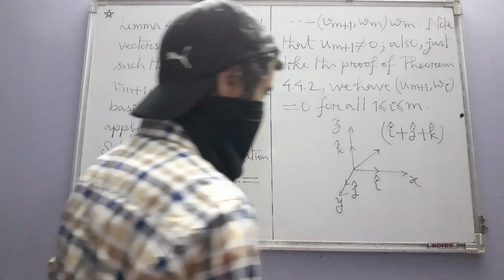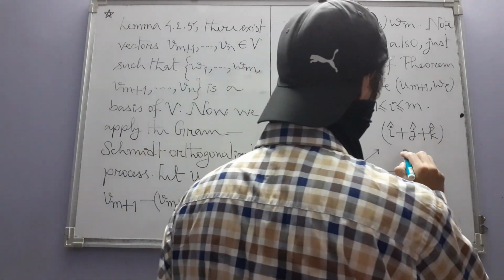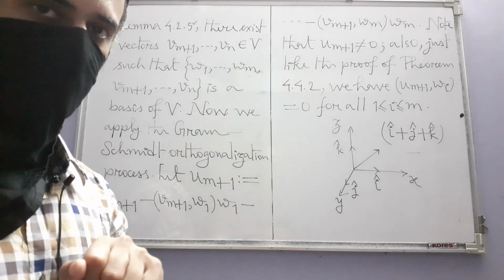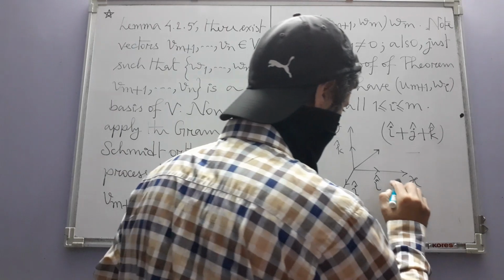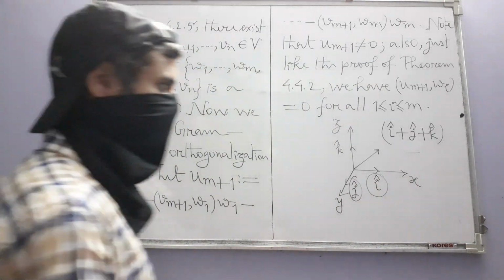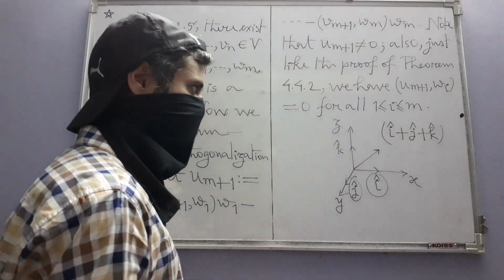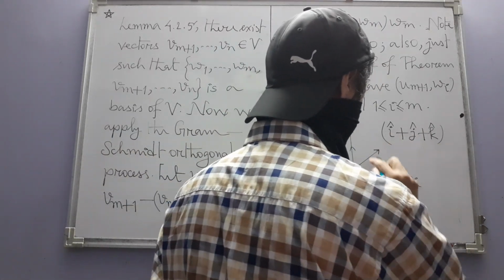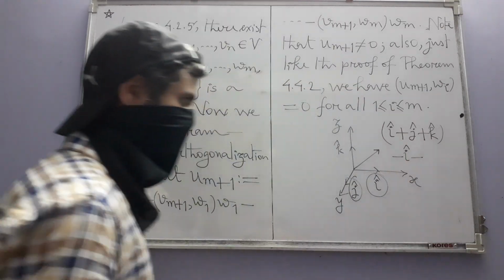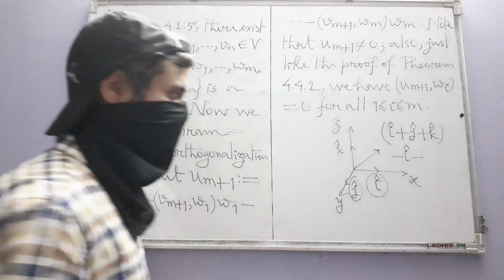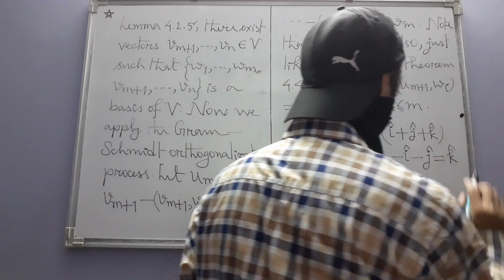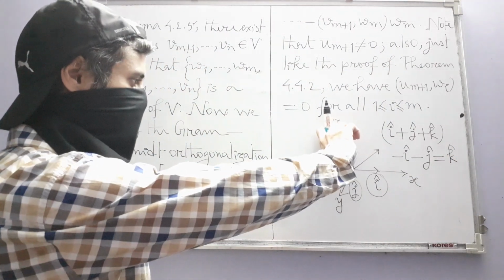Now if we subtract the components of this vector along the directions of i cap and j cap, then the component along i cap is simply i cap, and we also subtract the component along j cap. Then you are left with k cap, right? And k cap is in this direction.